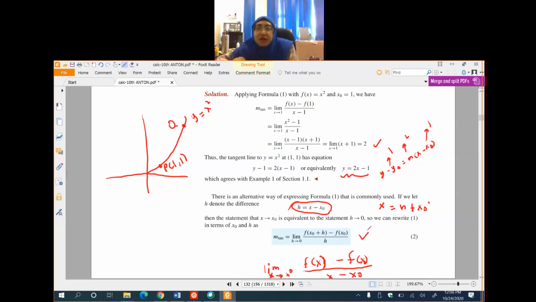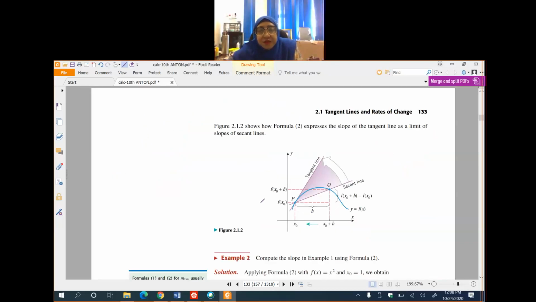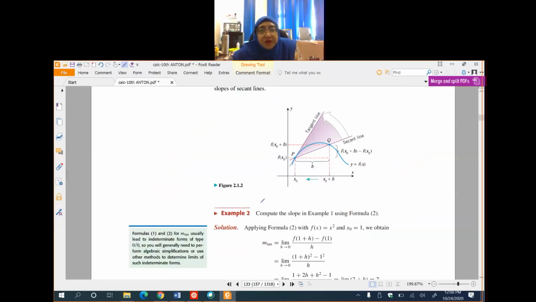You can use either one of them. It depends. Maybe for some questions it might be easier for you to use the first formula, but it could be that the second formula will be easier for you to use. So you have to know both of the formulas.